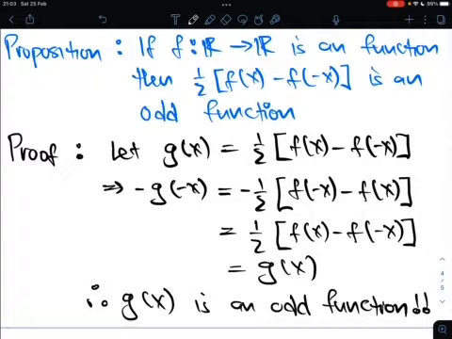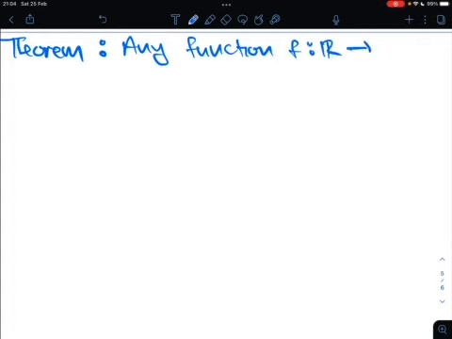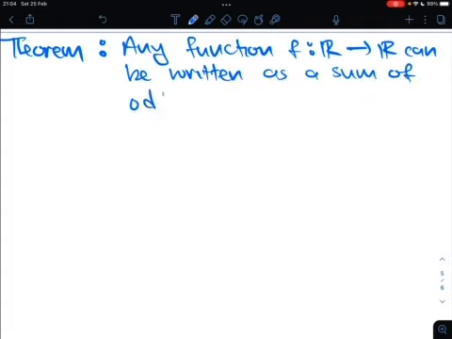It turns out that we now have a nice result that is quite useful in functions, which I'll state in the form of a theorem. We have the following theorem. Any function f, which takes real numbers to real numbers, can be written as a sum of odd and even functions.